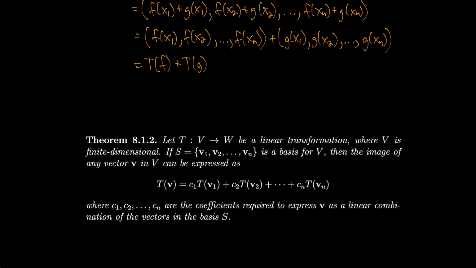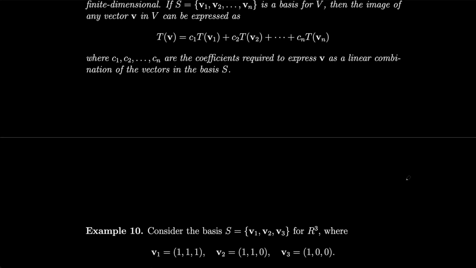So C1 through Cn are the coefficients required to express V as a linear combination of the vectors in the basis S. Because V1 through Vn are a basis for V, you can express V as some linear combination of these V's, and that means that the transformation of V can also be expressed as a linear combination of the transformations of those vectors. So that's pretty cool.